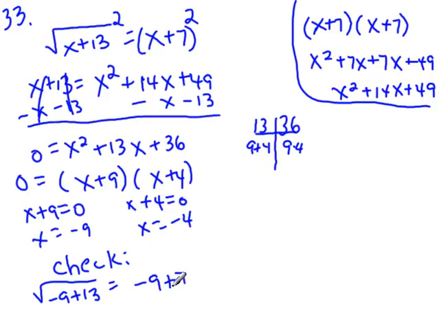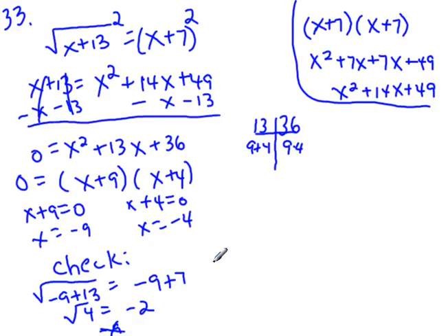I'm plugging into my original equation, before I'm squaring both sides. Negative 9 plus 13 is 4. That's the square root of 4 equals negative 2, and the square root of 4 is not negative 2, so it is the wrong answer, and negative 9 doesn't work.